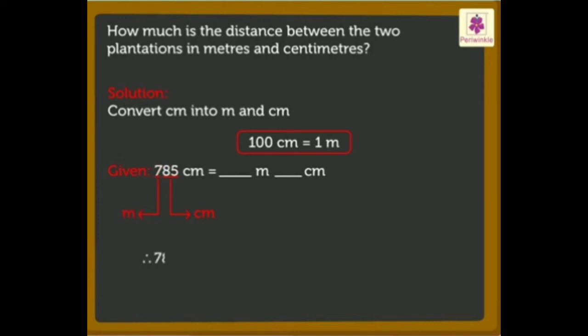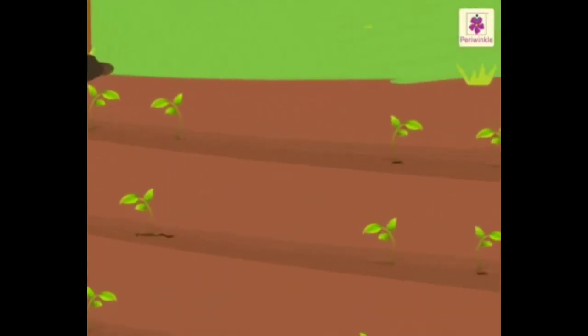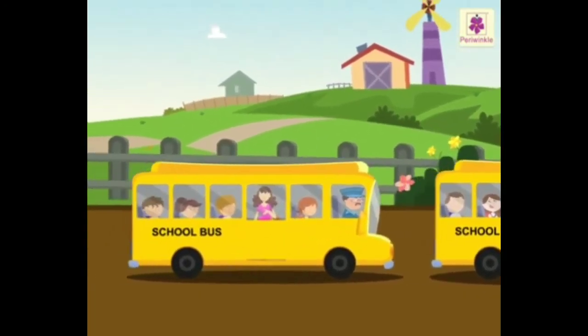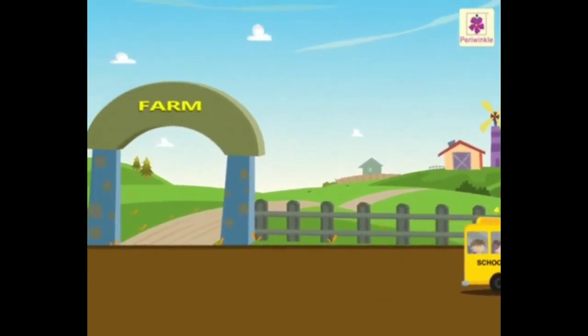Therefore, 785 centimeters is equal to 7 meters 85 centimeters. So, the distance between two plantations is 7 meters 85 centimeters. Wow! It was so much fun learning conversion while planting the saplings.